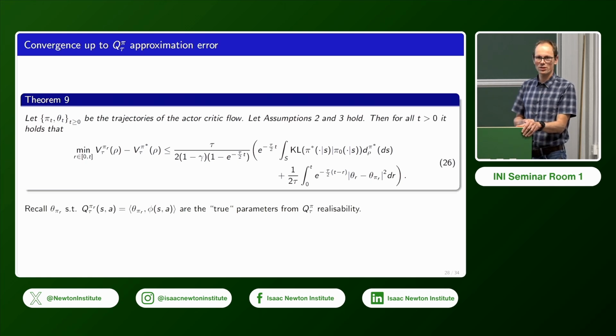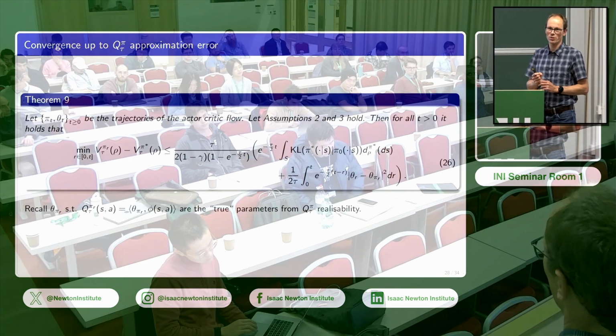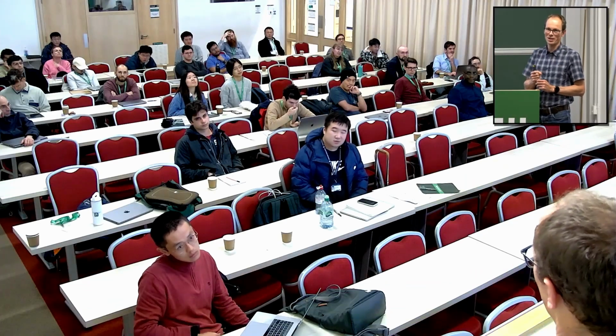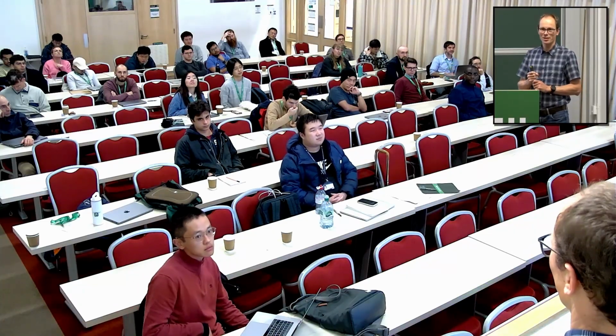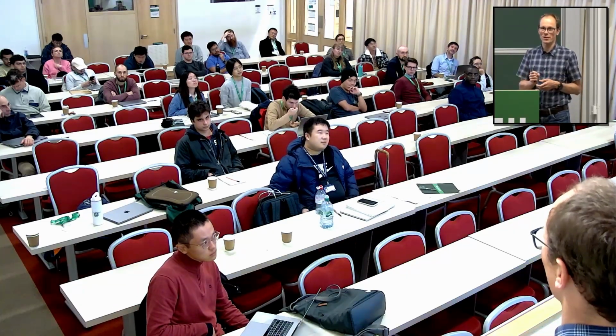And then, of course, the really interesting case is what happens when you put neural networks there, which is what people actually do in practice. Well, let's figure out supervised learning first.